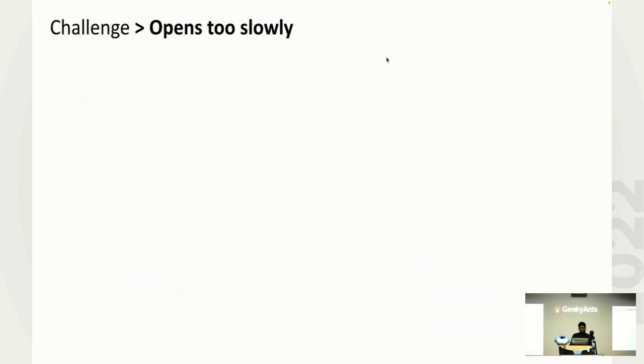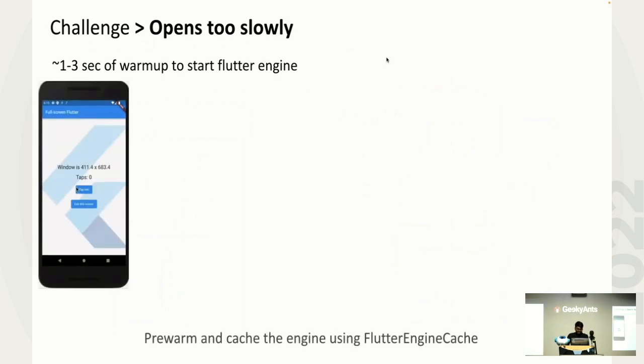Second issue that you may face is that whenever you are trying to open the Flutter view, it will take some time, and that is because Flutter engine needs some time to warm up, and that takes 1 to 3 seconds, and your users may not like it. So there is a solution here again.